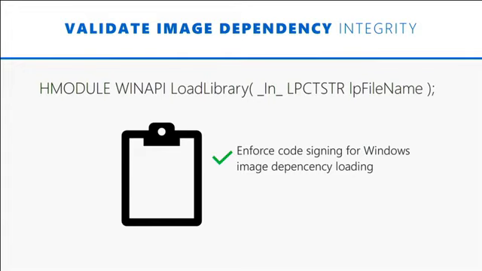Validate image dependency integrity will ensure that if I'm going to load you, the LoadLibrary API, that you are digitally signed with a Windows certificate, which effectively means I can never load a DLL that's not a Windows DLL. So if you have any DLLs, this will cause you to fail.